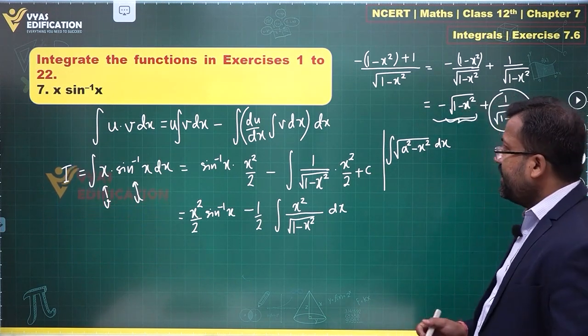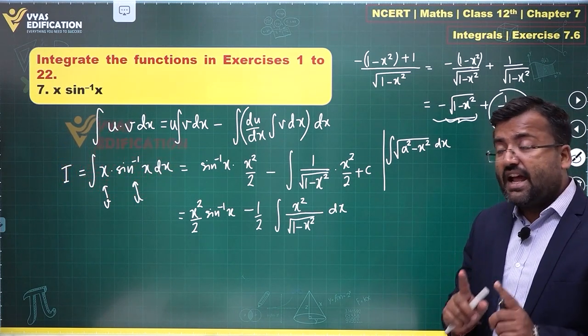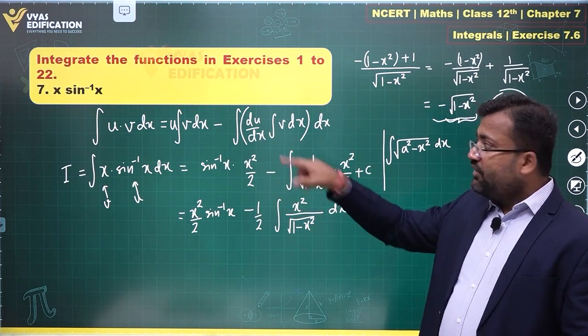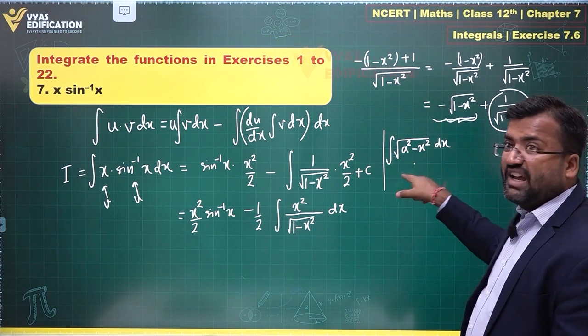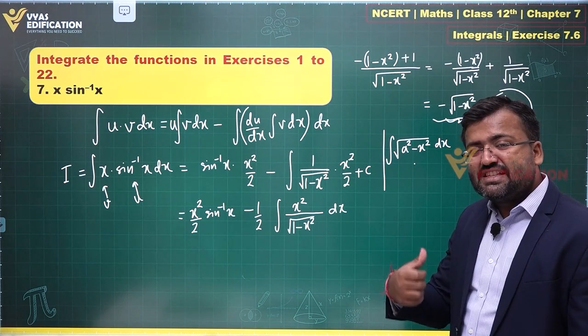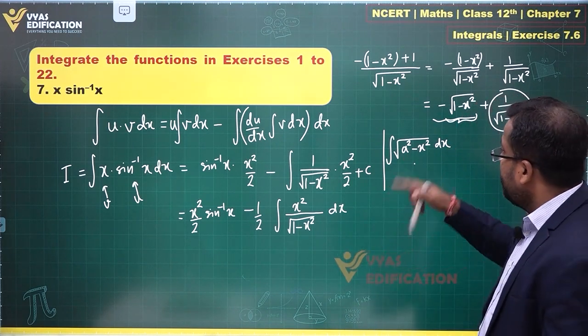I'll give you the formula here first, and then I'll give you another method of handling this. When you encounter this question in general, you'll use this method and then this formula. Therefore, I've solved with this approach, but then I'll give you another method specifically for this exercise 7.6. If you don't know this formula, then what will you do?